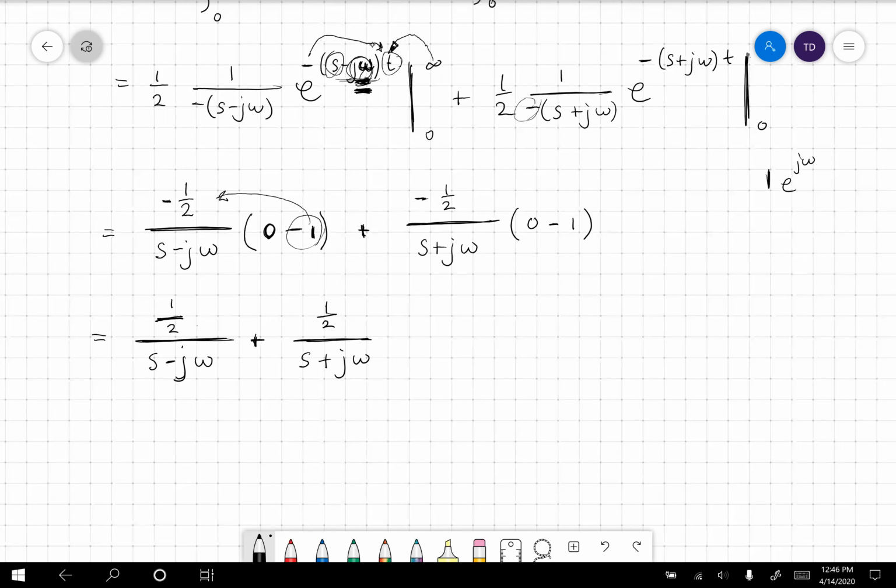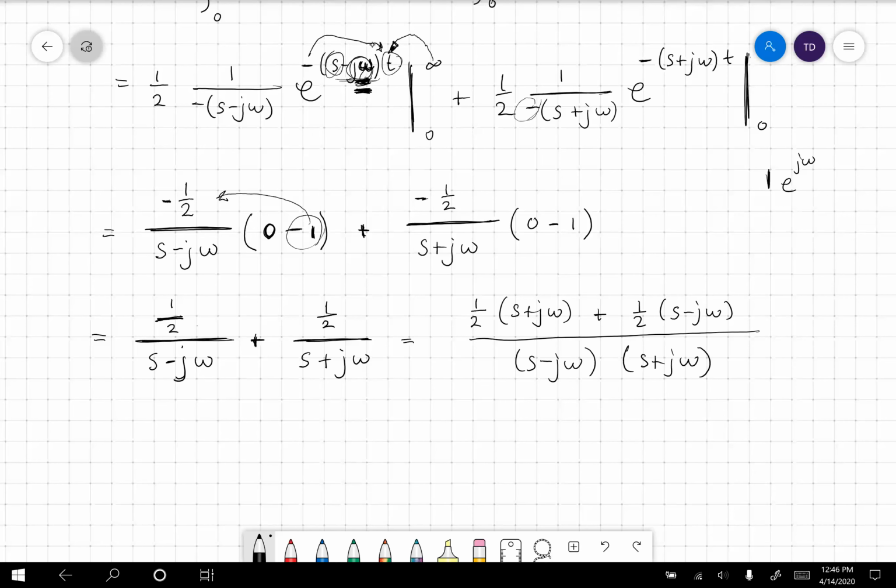And this is really kind of interesting when we look at this. So how do we want to handle that? Common denominator, right? So 1/2 times s plus j omega plus 1/2 times s minus j omega. And that's all going to be over what? S minus j omega times s plus j omega.